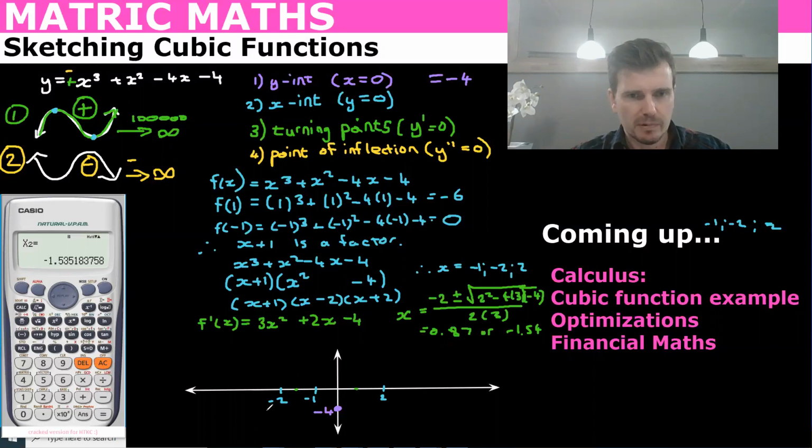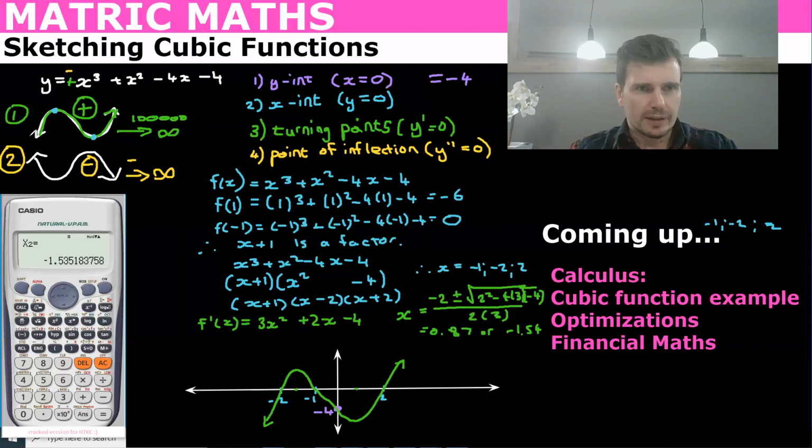And there, so I'm probably looking at something like this, okay? So that green one, because it was a positive and I had my turning points there. Now, all I need to do is simply plug in my negative 1,54 into this original equation. Okay, so I'm going to do that now.